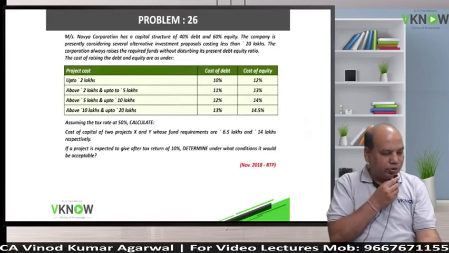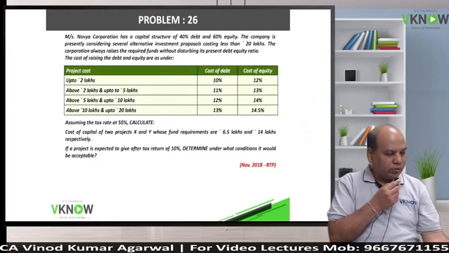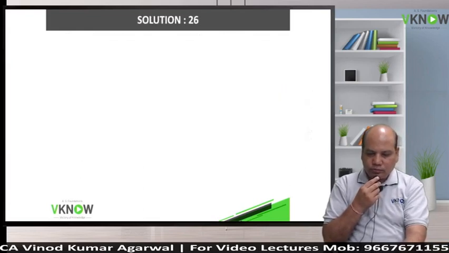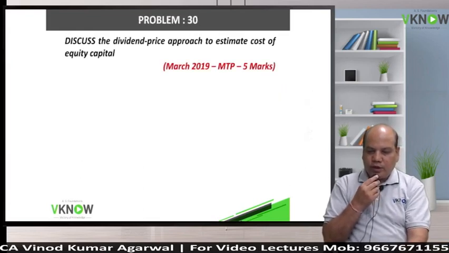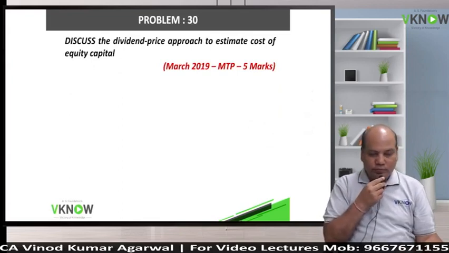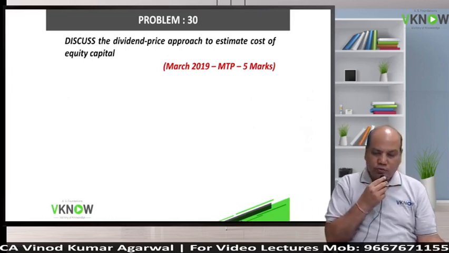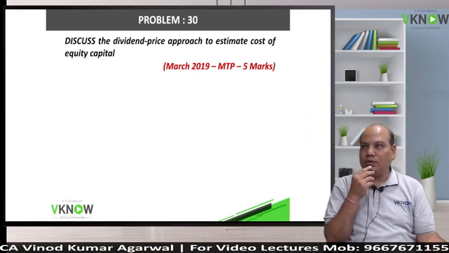Now come to question 26. Read yourself. We have just now done 26, so you have solved different varieties of problems. Then there is a theory question number 30, which says: discuss the dividend price approach to estimate the cost of equity capital. A theory question was asked for 5 marks in MTP.